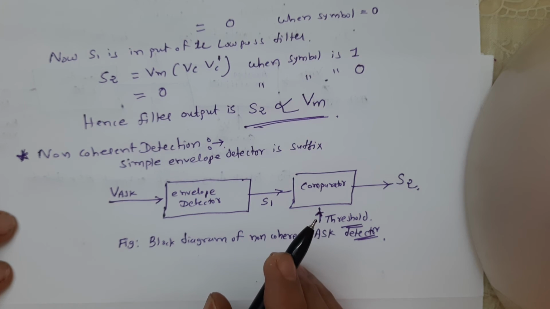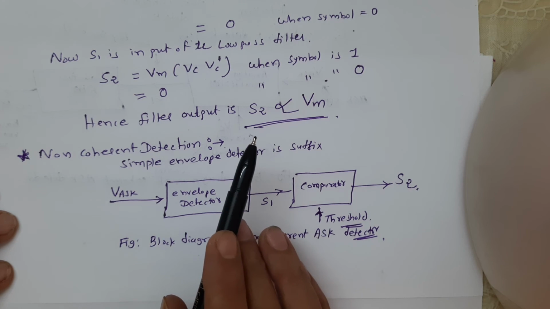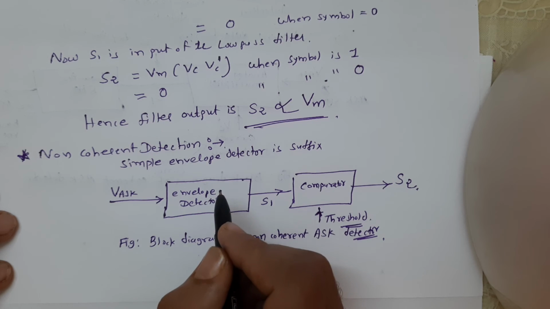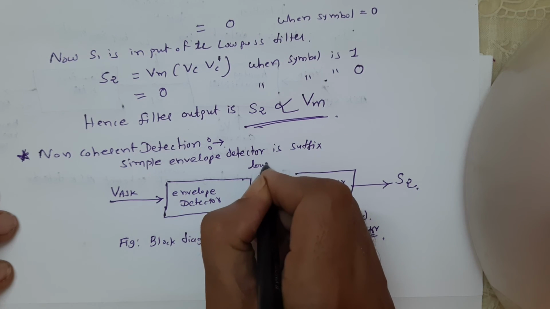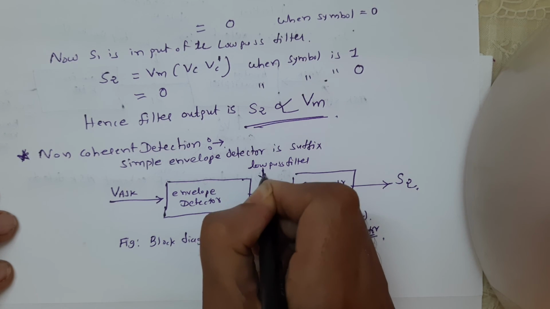The output of the diode will be a unipolar signal containing the envelope information. The high frequency variations are further removed by passing it through a low pass filter, which is here in between.